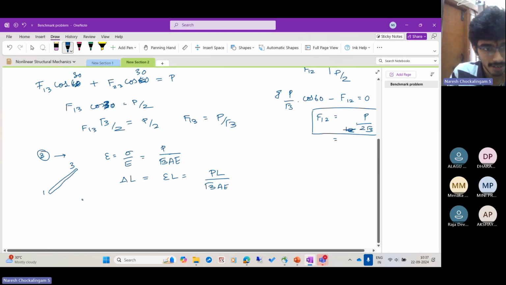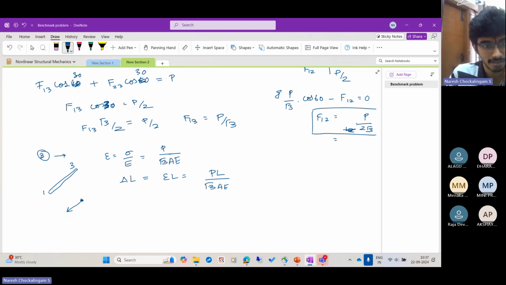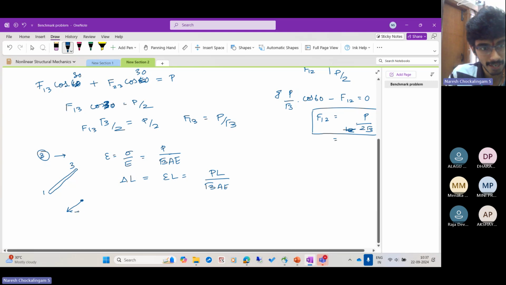So at this point it is going to move towards this direction by PL by root 3 AE. If you take it as compressive, it's going to move towards this direction by PL by root 3 AE. And this angle is 60 degrees. So this displacement delta L is equal to PL by root 3 AE.